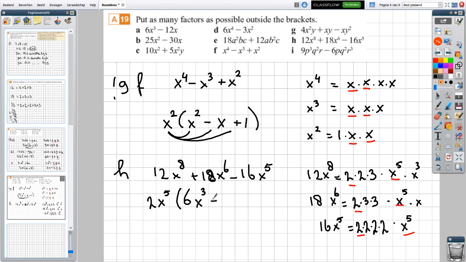Here I'll write a plus because there's a plus here. 3 times x, which is 9x, minus what I'm left with here, 2 times 2 times 2. I've used all my x's already, so I only have to write down 8 here. And this is how you factorize when you have more terms.